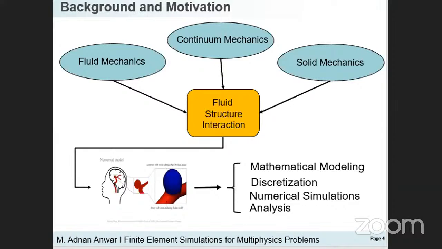I started learning from continuum mechanics, where I got understanding of basic concepts of kinematics. Then I moved to fluid mechanics to understand the basics of flows and their mathematical modeling, and then solid mechanics, where I learned about different elastic materials and their constitutive relations, and finally got understanding of fluid structure interaction.